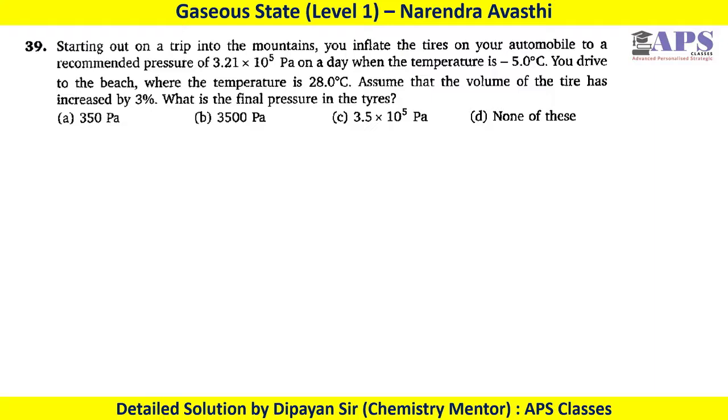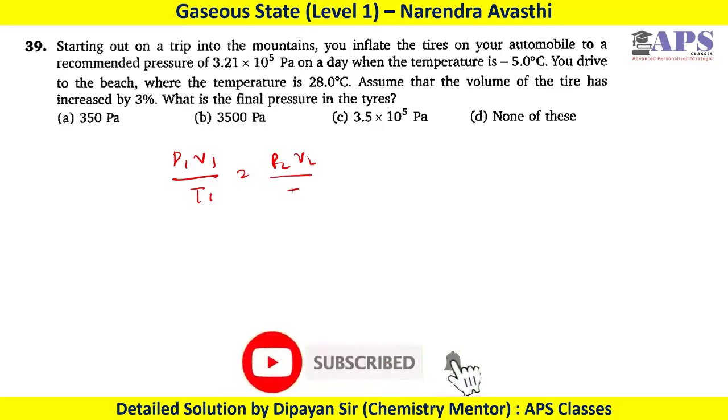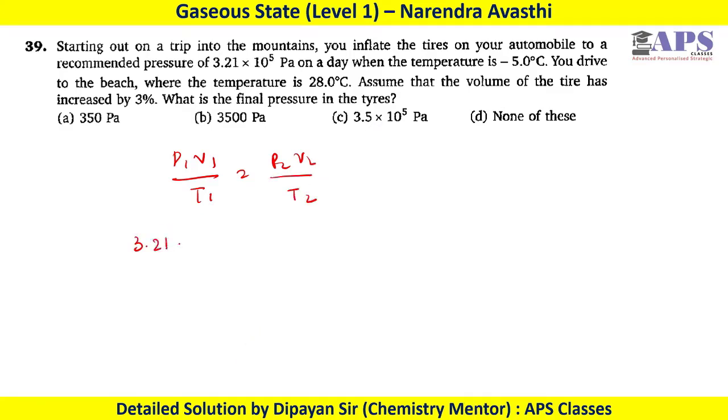Okay, so basically we have P1 V1 by T1 equal to P2 V2 by T2 in this case. So according to the question, we can write the given information, this is the pressure. So if the initial volume is 100 V and final we have 3% increase, so final 103 V.